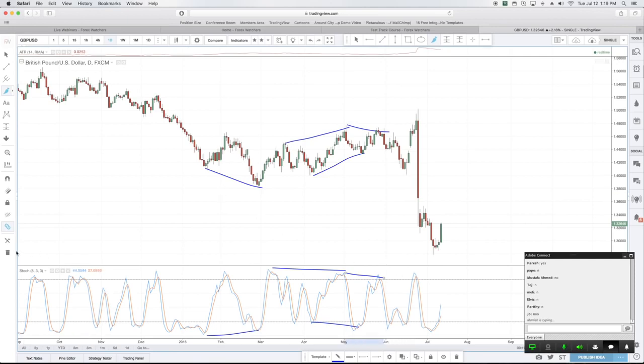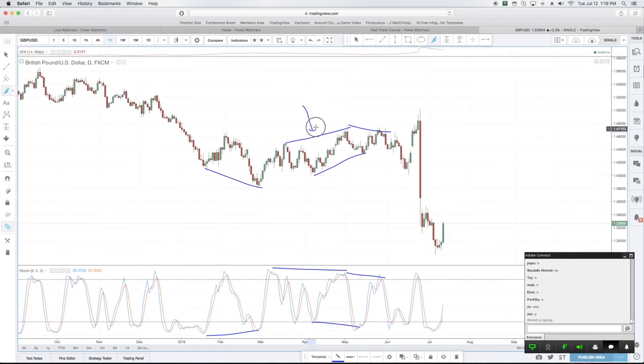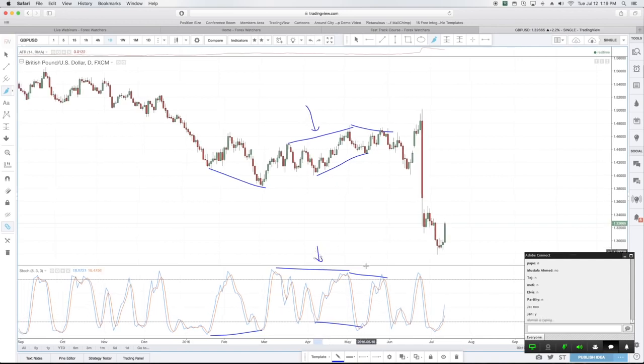Again, as a rule, if you're connecting your highs, connect your highs on the indicator also. If you're connecting your lows, then connect your lows on the indicator also. Don't connect anything in between. Don't cut through charts like this and say, look, that's a higher low.